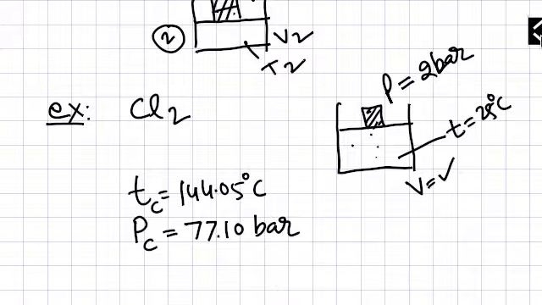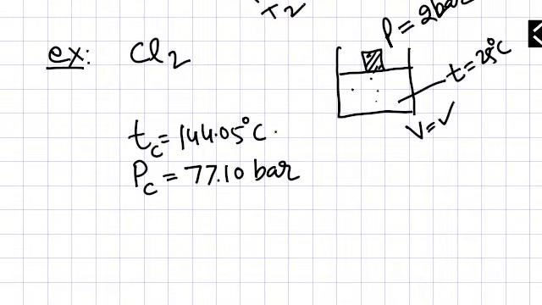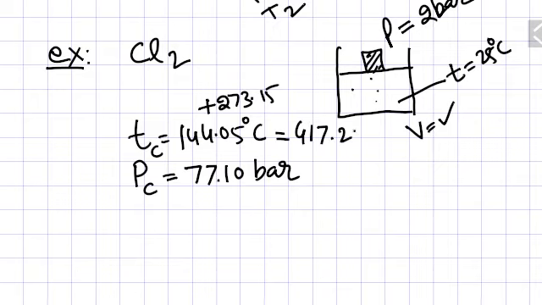First let's convert it to Kelvin, because all the processing is done in Kelvin, not degrees centigrade. For that you add 273.15, as you already know, and the sum you will get is 417.20 Kelvin.